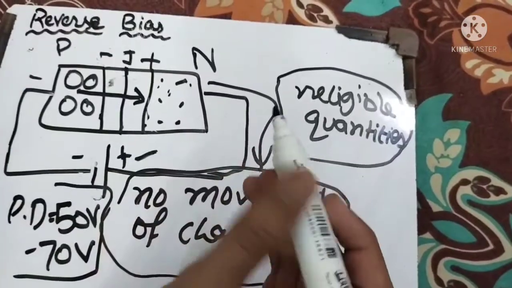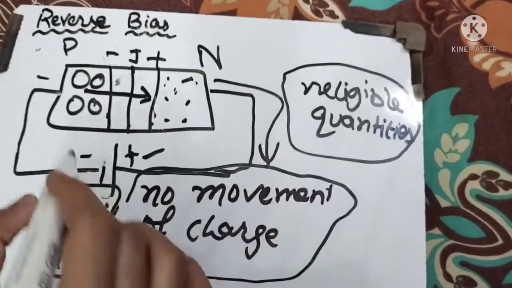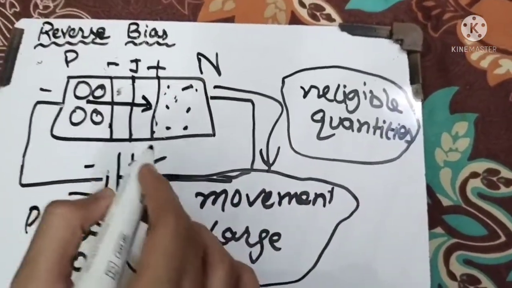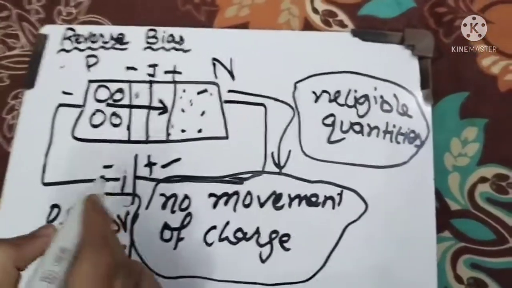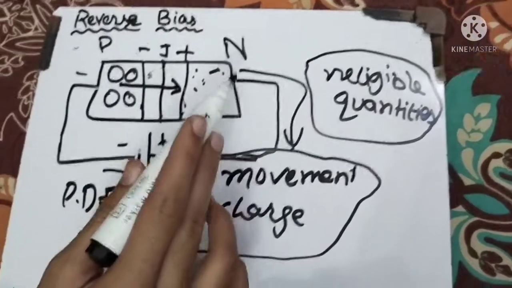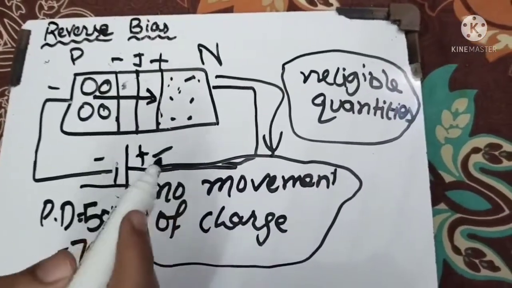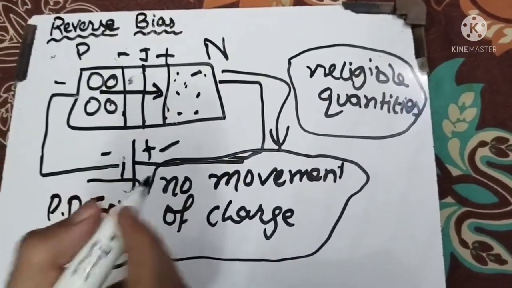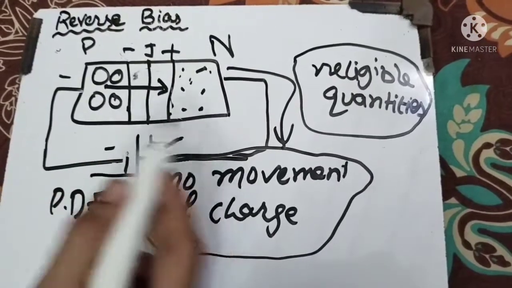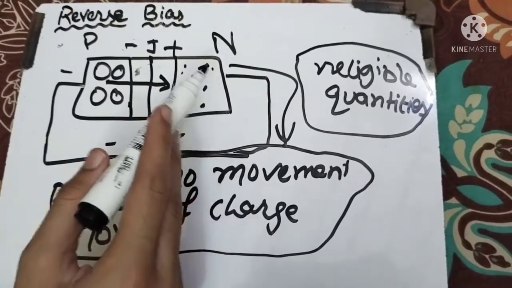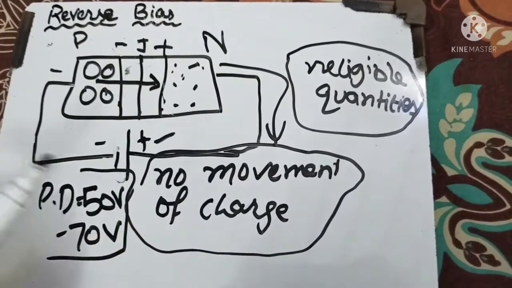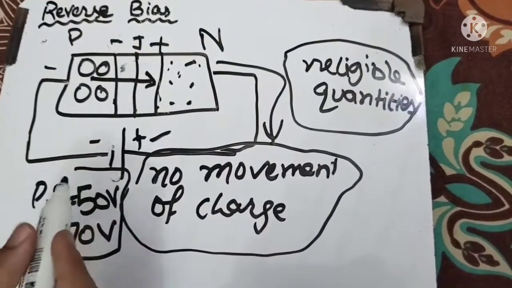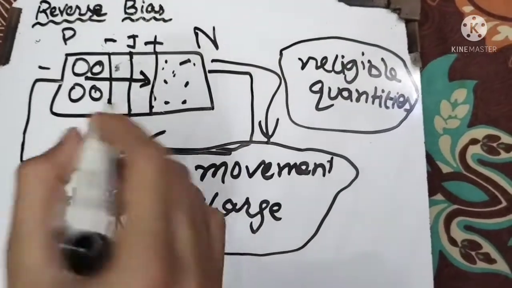Now reverse biasing means connecting the p-n junction with a battery. In forward bias, the p-type semiconductor was connected to the positive terminal of the battery and the n-type semiconductor to the negative terminal. In reverse bias, it is opposite to forward bias: the n-type semiconductor is connected to the positive terminal of the battery and the p-type semiconductor to the negative terminal of the battery.